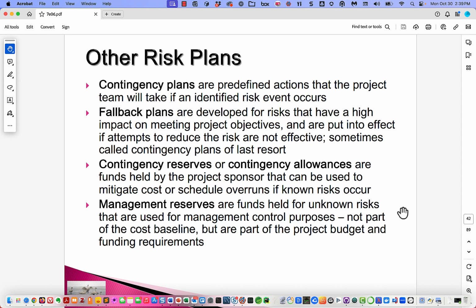There are standard ways to talk about plans and reserves as they relate to risk. So here are some terms. Contingency plans are predefined actions that the project team will take if an identified risk event occurs.